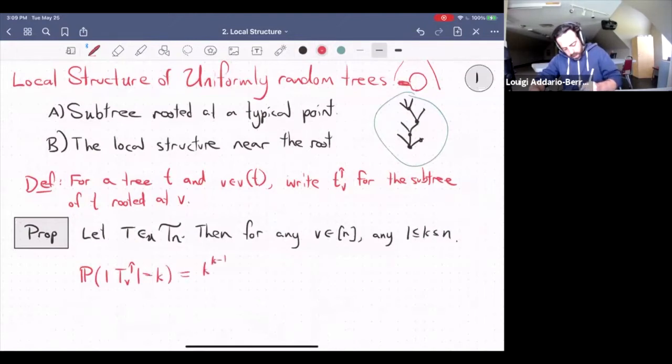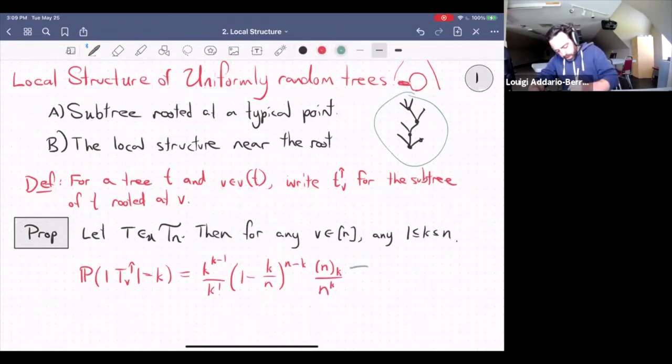So k to the k minus 1 over k factorial, times 1 minus k over n to the n minus k, times n falling factorial k over n to the k. Okay, so this notation here, n falling factorial k, just means n factorial over n minus k factorial by definition.